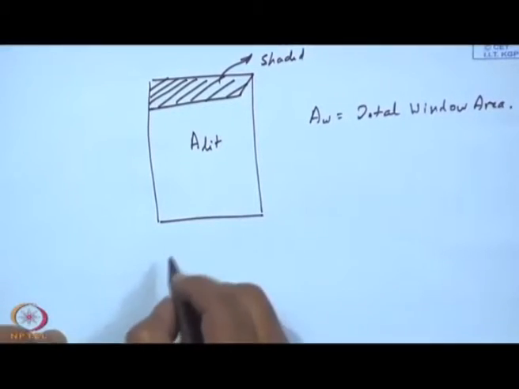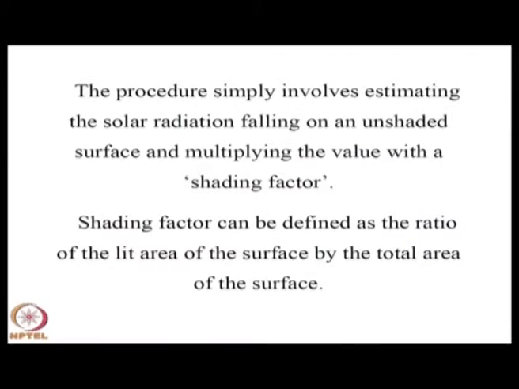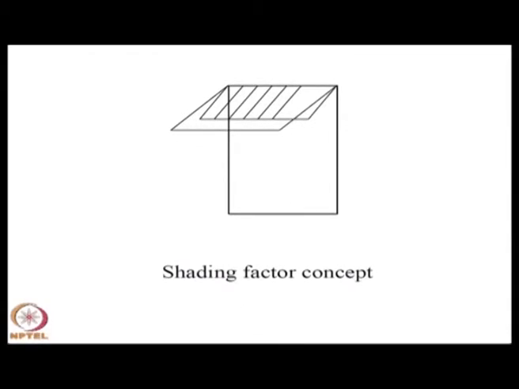So, we might define Fi, the instantaneous shading factor. This is what I tried to do in terms of the figure: that hatched portion represents the shadow and the non hatched one is the actual projection.